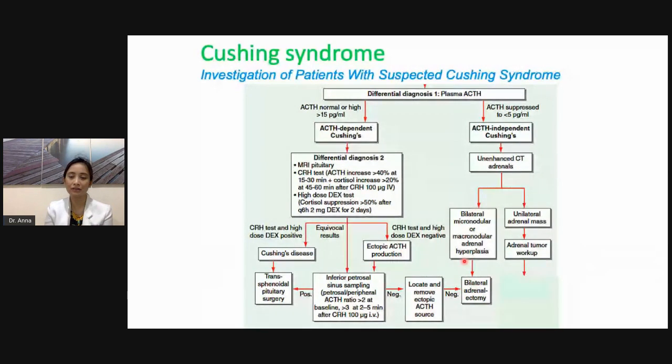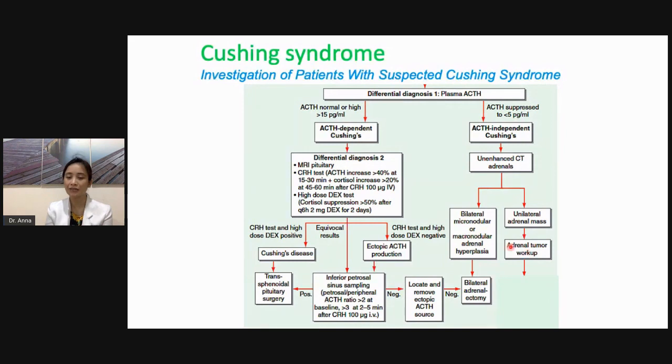If your patient turns out to have ACTH independent Cushing's, so the source is your adrenal glands, you do a CT scan, and if there's a mass, most likely it's that mass.